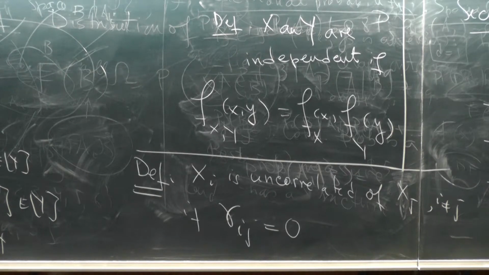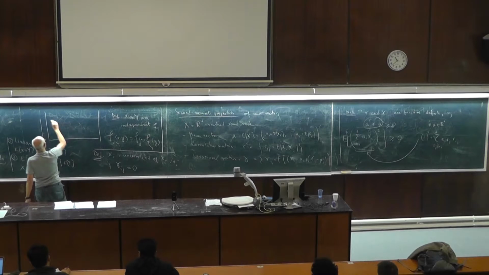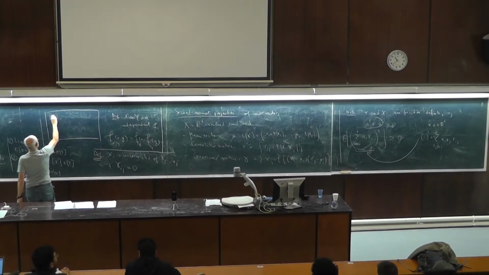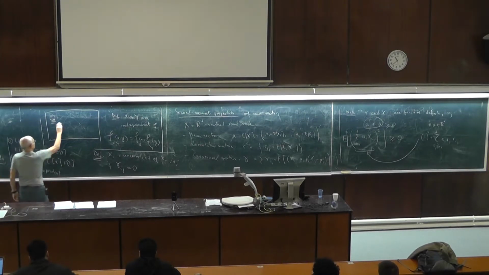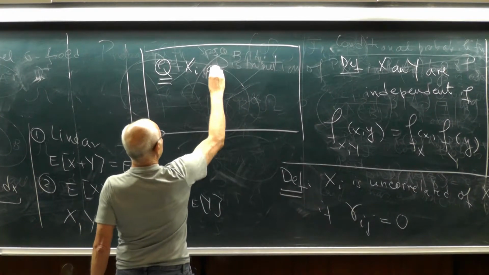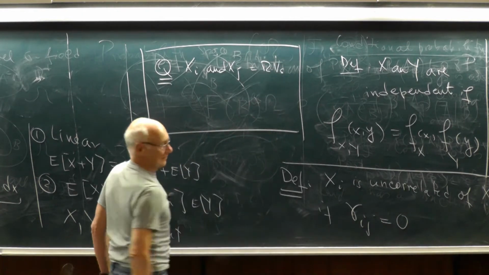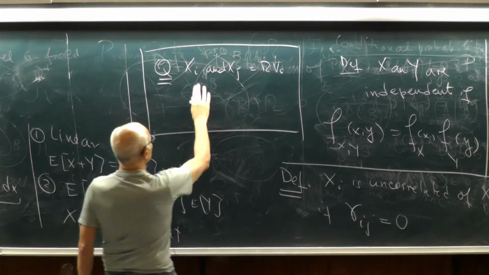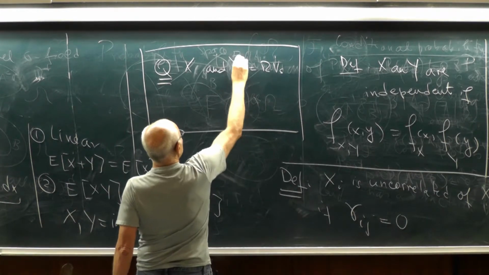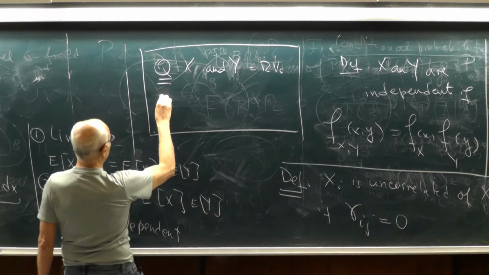Okay. So, question. Let's say X_i and X_j are random variables. Or let's call them simply X and Y, to avoid all these indices. Okay. And we know the following.